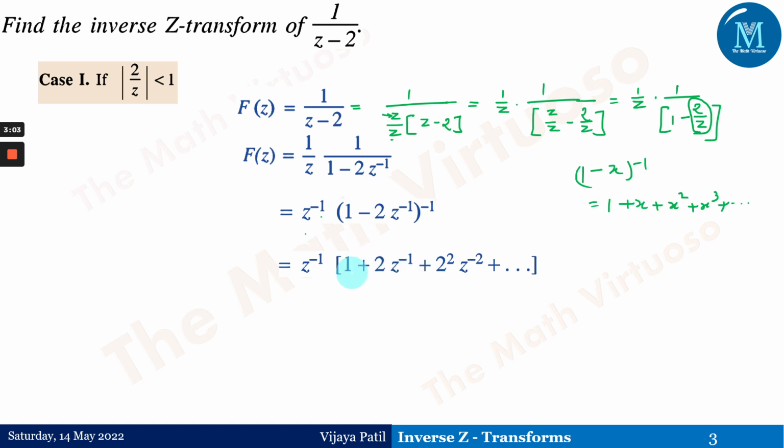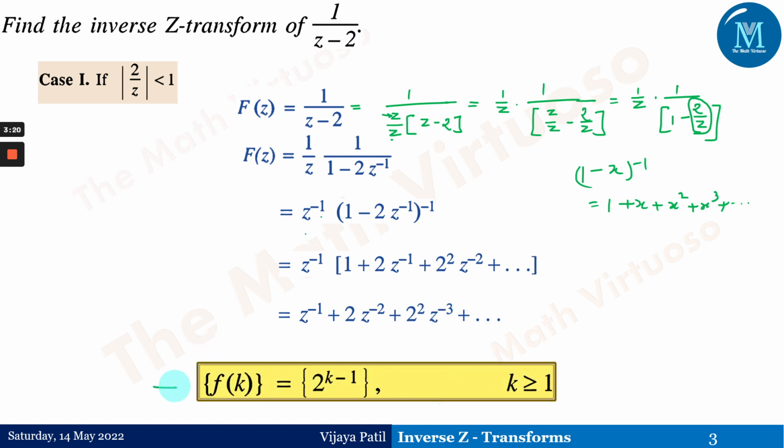So this is nothing but 1 plus 2 z to the power minus 1, plus 2 square z to the power minus 2, and so on. If we multiply this entire square bracket with z to the power minus 1, we get it like this. Therefore, to find the Z inverse we have to identify the coefficient of z to the power minus k.